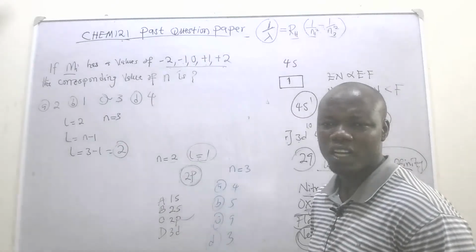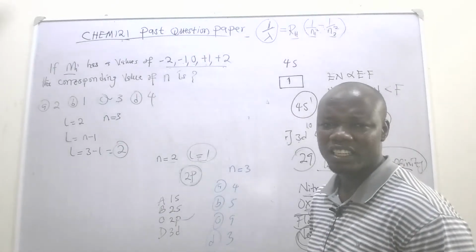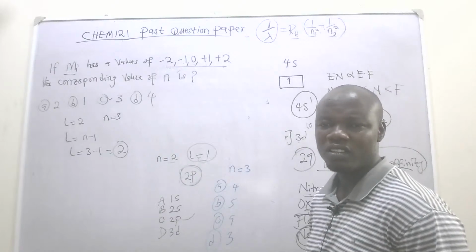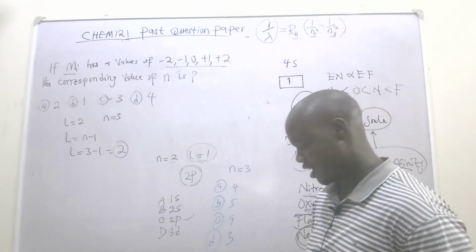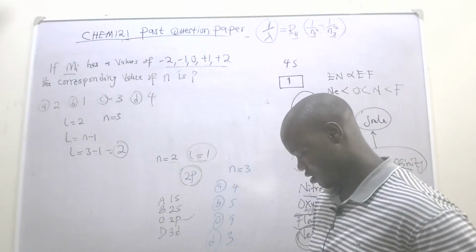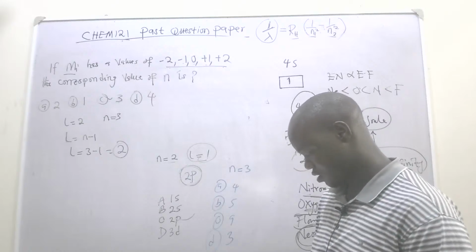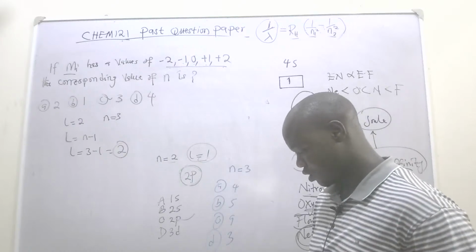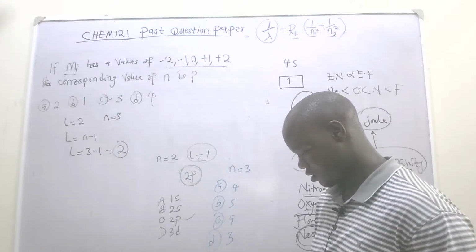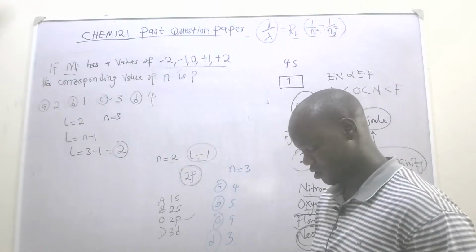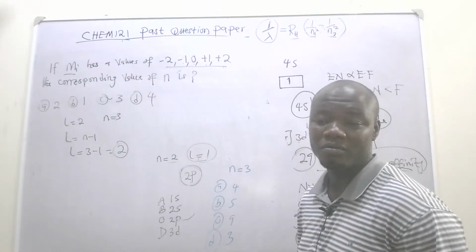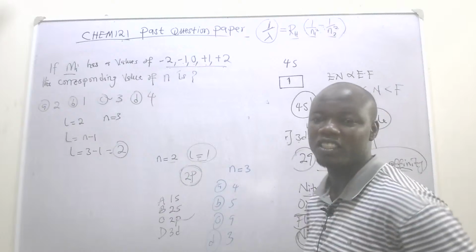So you now add 1 plus 3 plus 5, and that gives us 9. So you just actually wanted to waste your time by following that method.